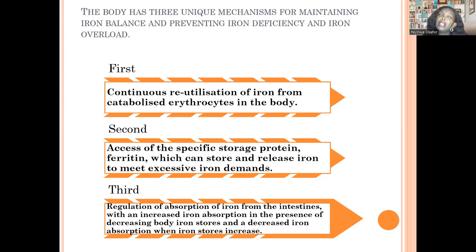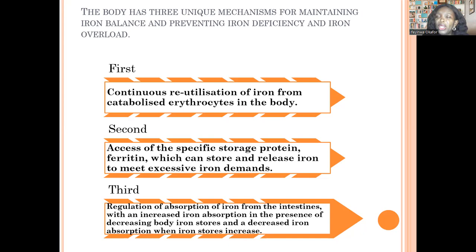The protoporphyrin ring is degraded to bilirubin, giving you the bilirubin we see in hemoglobin catabolism. And then the iron part of it is recycled and reused.